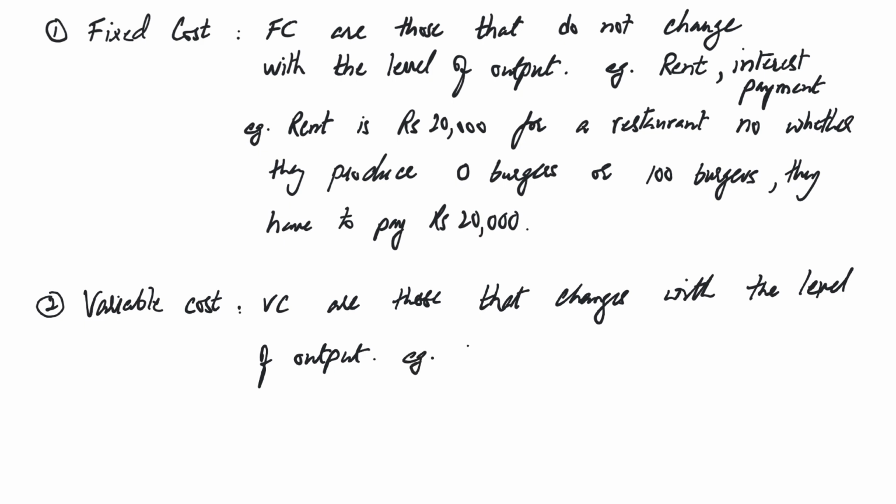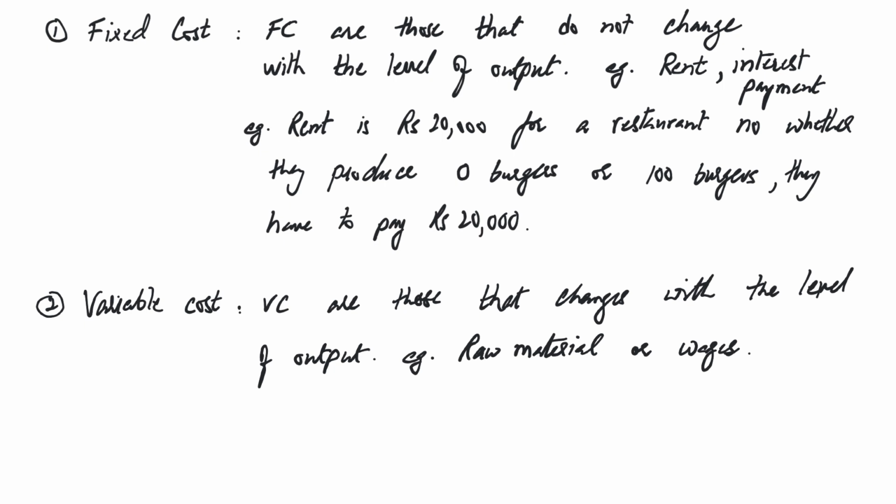For example, raw material, or wages. Sometimes they even distinguish wages and salaries: salaries are paid on a monthly basis, wages are paid on daily wages.